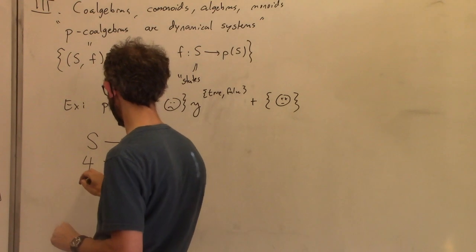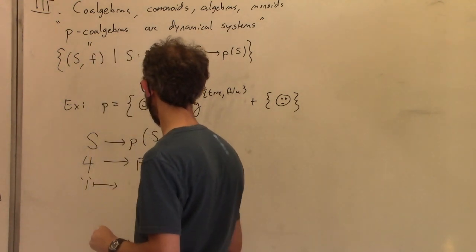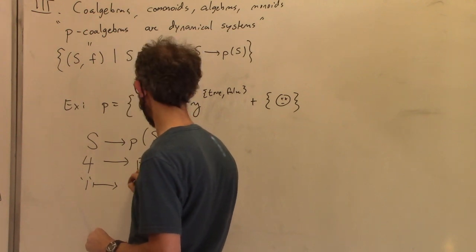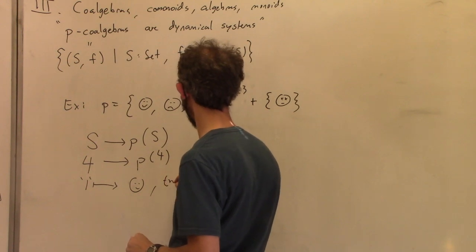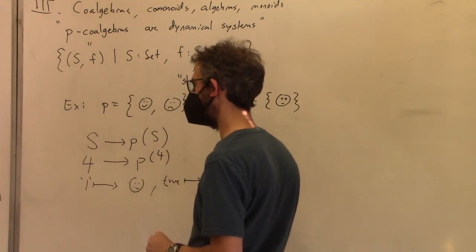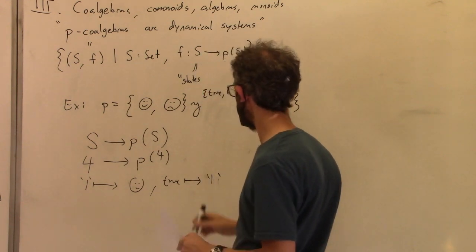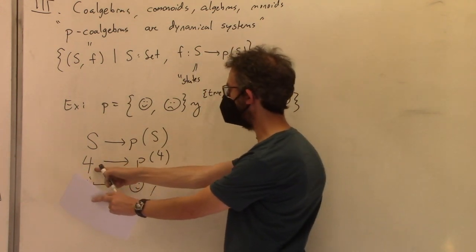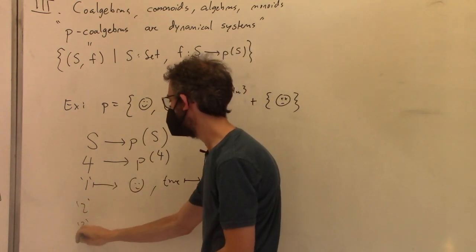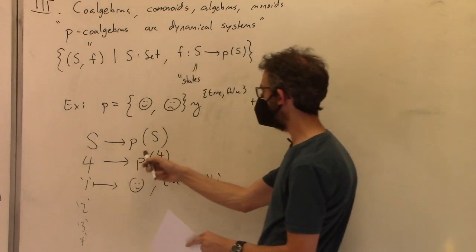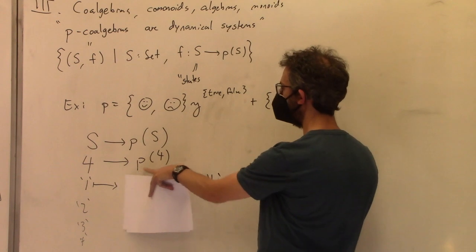And what I'm going to do is send 1 to happy, the happy summand, and true maps to state 1. So let me try to read this to you. For every element of 1 through 4, I'm supposed to give you an element of this applied to 4.